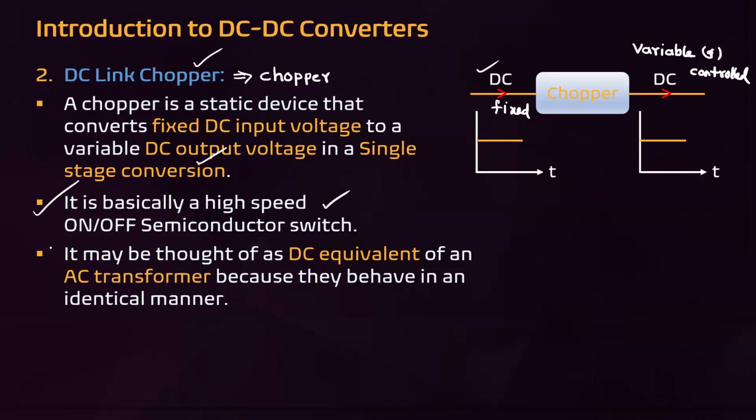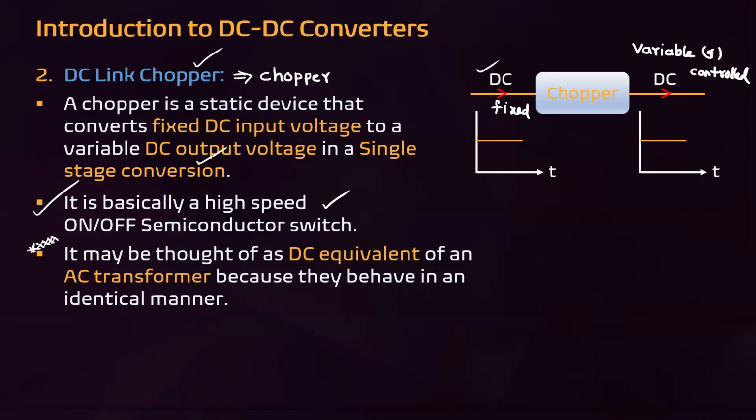This is very important, a 5-star statement for competitive exams, already a question has come. It may be thought of as a DC equivalent of an AC transformer because they behave in an identical manner to a transformer.